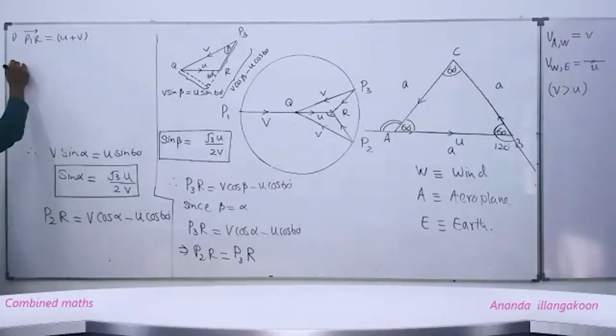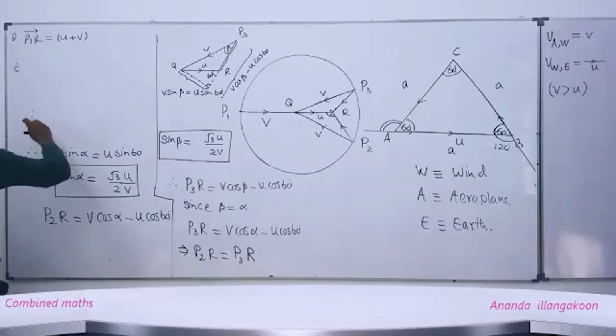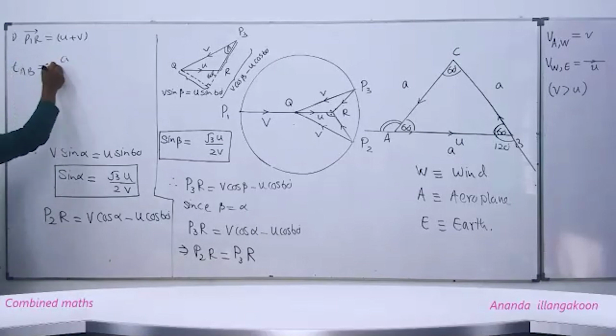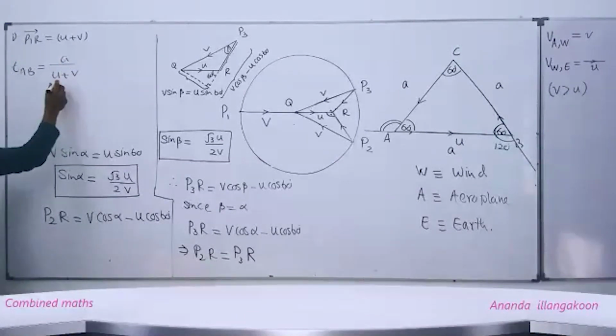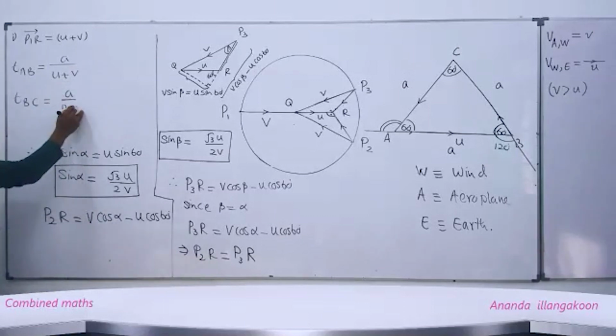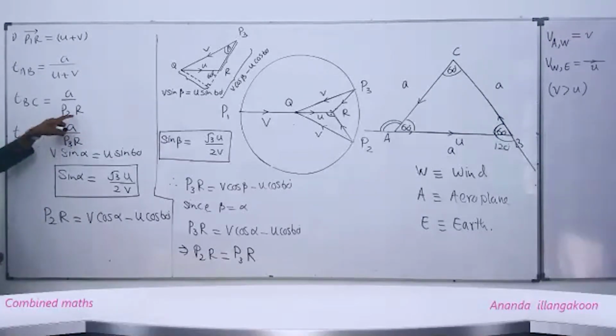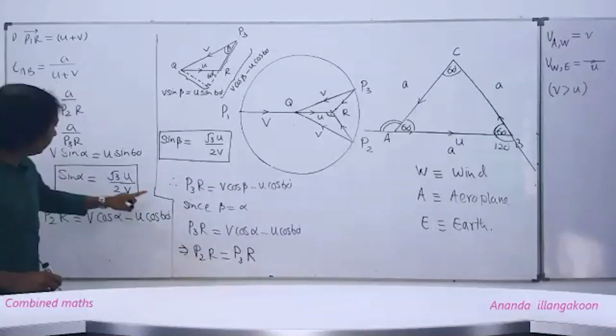We can write TAB now: A divided by U plus V. Then for BC, A divided by what is the velocity from B to C? P2R. For CA, A divided by P3R. But P2R and P3R being equal, I can put P2R again for this P3R.